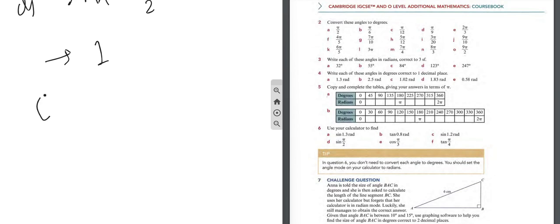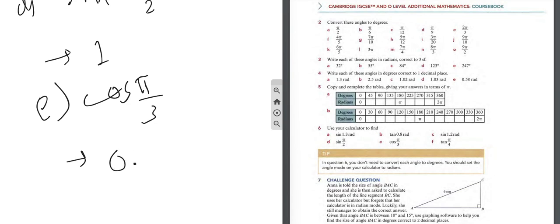Now let's do E. E is going to be cos pi by 3. Cos pi by 3 is 1 by 2, 0.5. There you go. That is how you will do exercise 8.5.